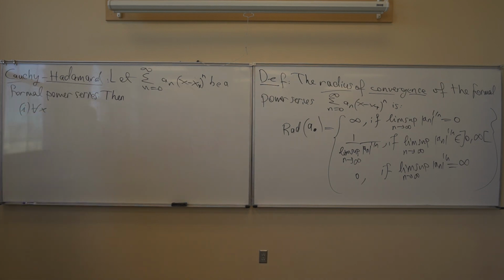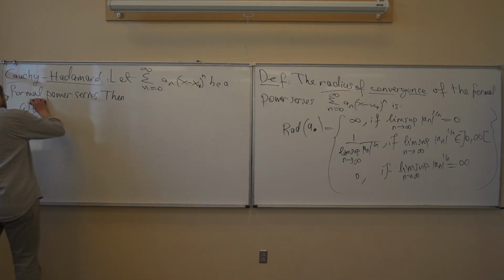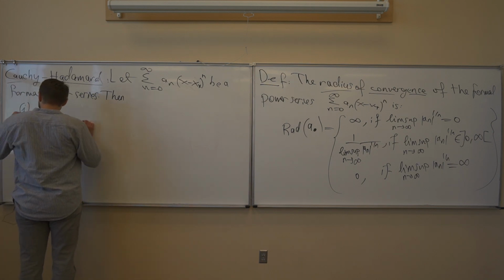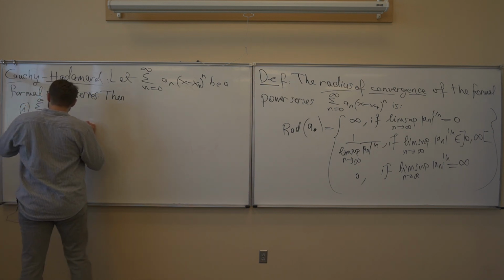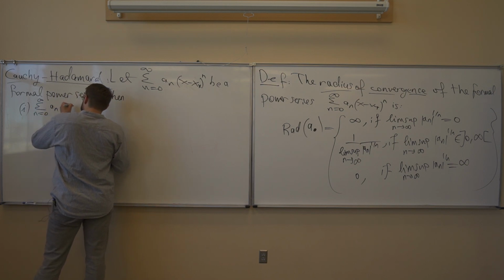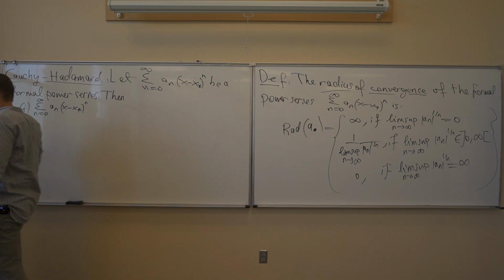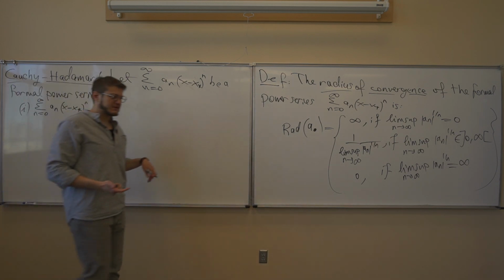How do I want to state it? Hang on. Okay, I'm going to state it like this. The series converges absolutely and pointwise. So absolute convergence is that this converges with absolute values added. And remember, absolute implies regular convergence.